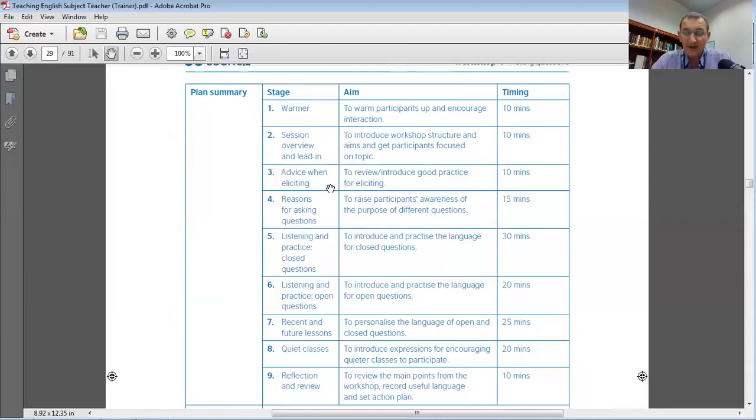And now we're going into what I call a ladder pair work. You have two lines of participants, and if you can imagine the two lines like this, they talk to the person standing opposite, asking questions. When they have finished, then they move down.